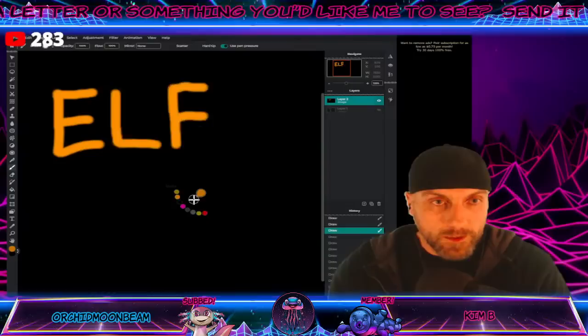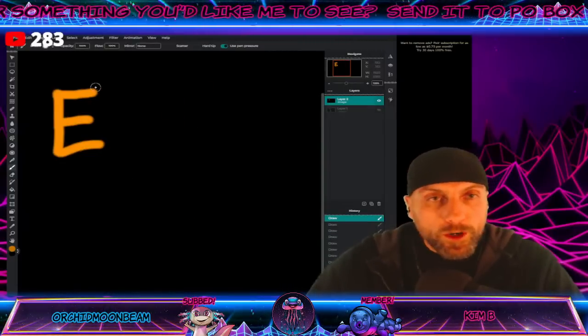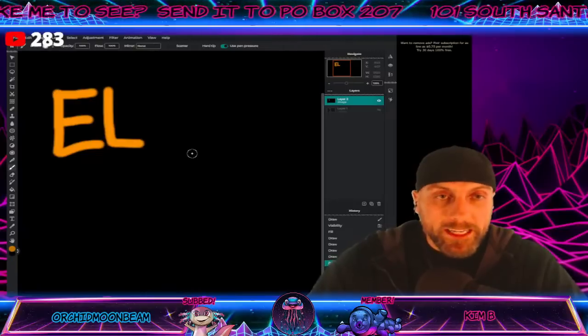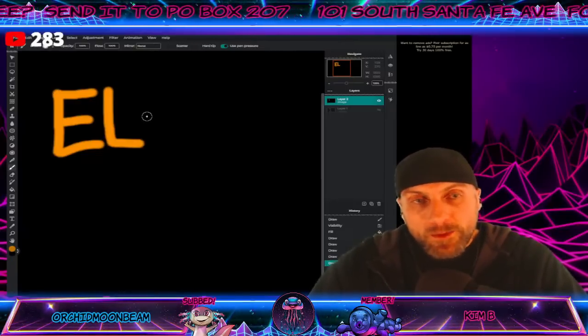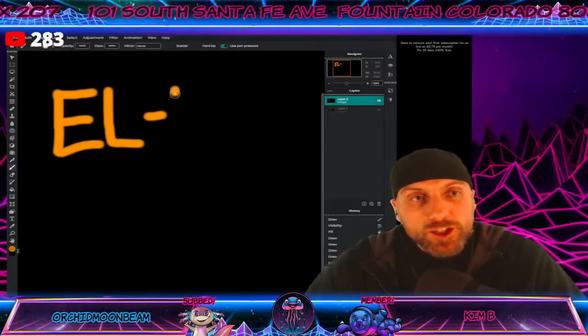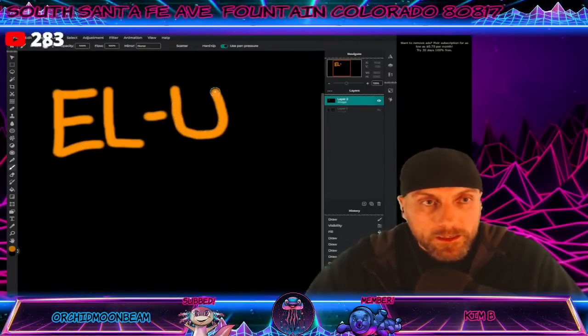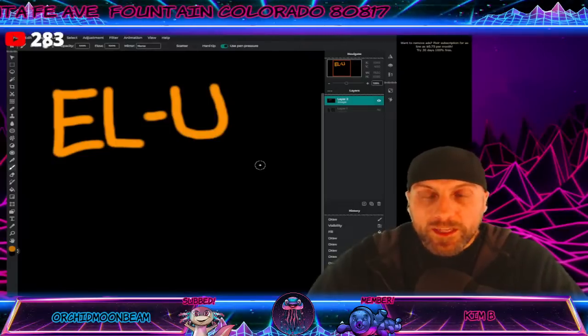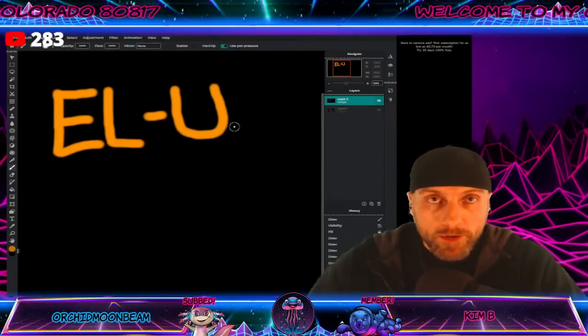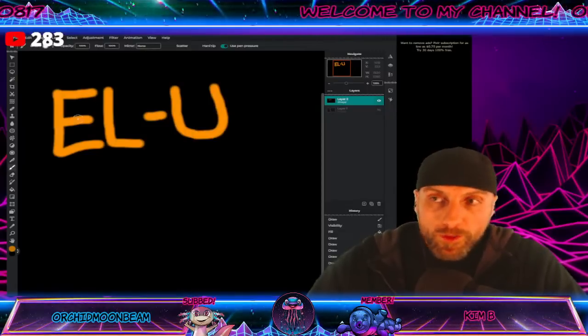Let me go ahead and get this erased off of here. So the word El meant God, or it meant mighty ruler or mighty leader, basically. But when they had children, they would say those who are attached to the mighty leaders, or they would call them the Elu, which meant of, because this is a connector, right? It's a hook, of the mighty leaders.